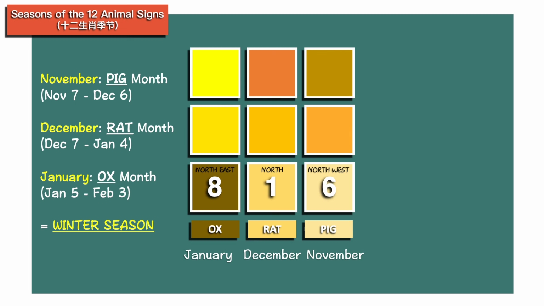And we can see the position of the northeast, north, and northwest are also the representation of the months of November, December, and January. These 3 months represents the winter season, and these 3 animal signs also representing the winter season, which are the month of the pig, the month of the rat, and the month of the ox.